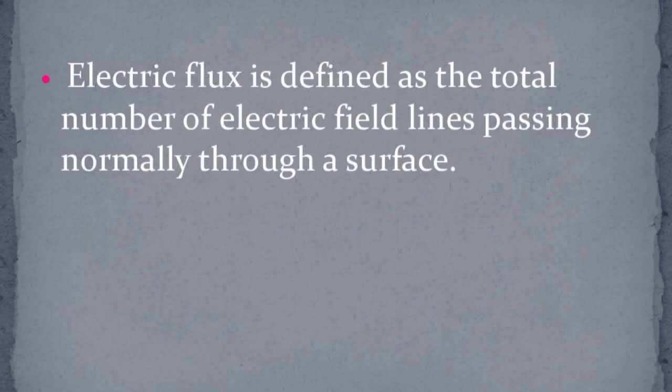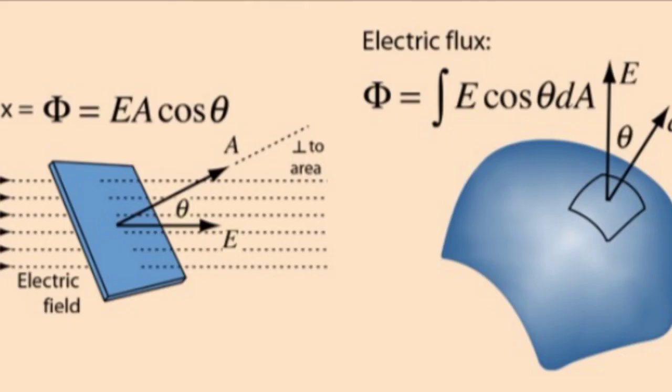Then, what is electric flux? Electric flux is defined as the total number of electric field lines passing normally through a surface. Look at the first figure. Phi is equal to EA cos theta.